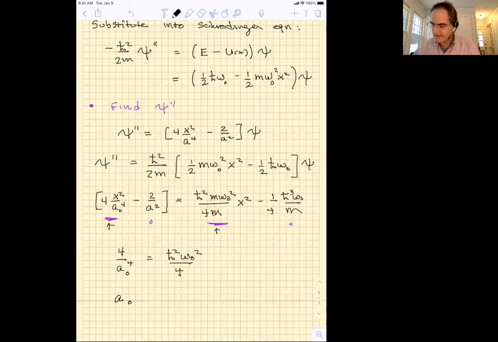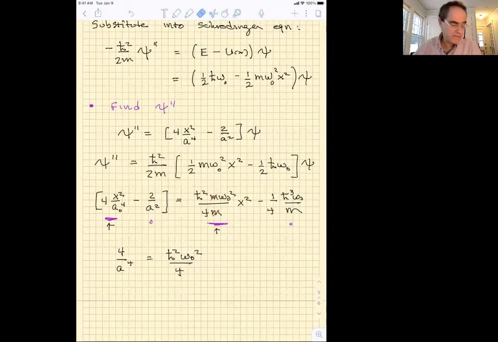And what you should find here is that a is equal to 2 h bar divided by m. Oh, excuse me, one second. Let me stop. I apologize. I made a mistake back here.